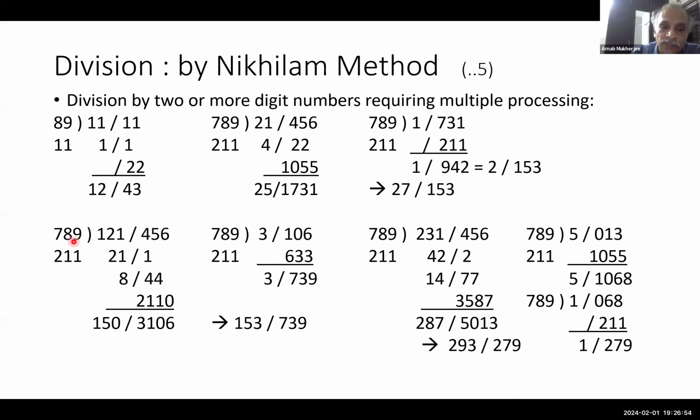But it is not 1000. I'm dividing by 789. Because of this 211 deficiency, in every case it contributes. This is the 1 lakh position, 10 to the power 5. We contributed this much.